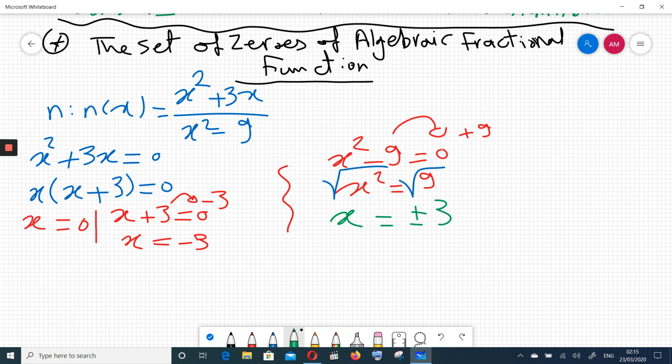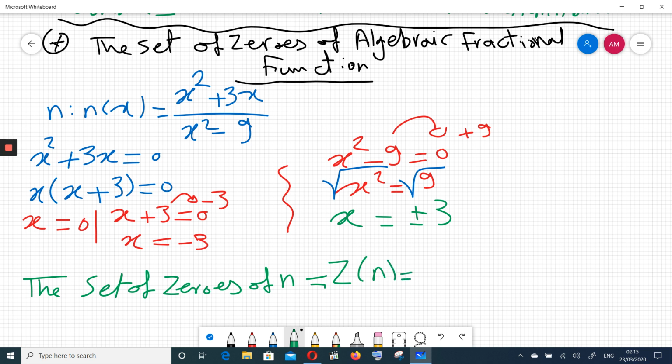But there is a different way to find the set of zeros of this function: the zeros of n is going to be the zeros of the numerator.